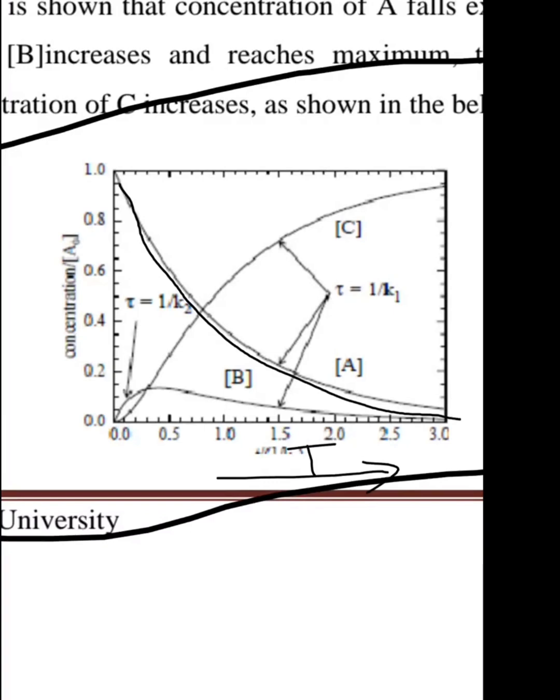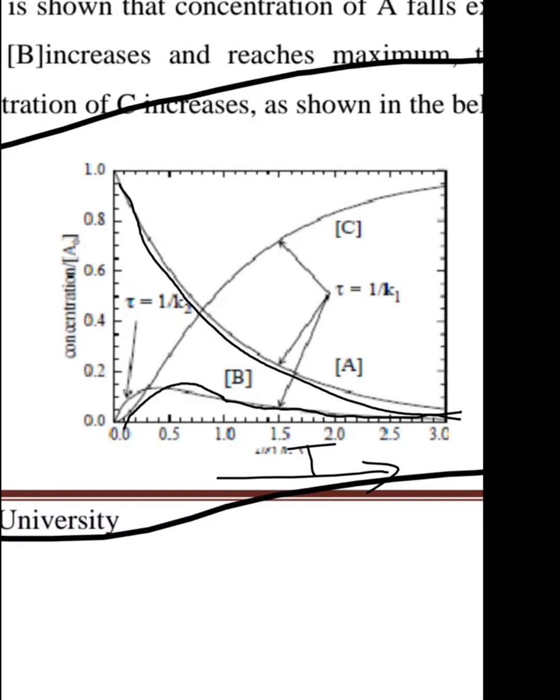As A is converted into B, the concentration of B increases, and further it decreases as time proceeds. Why?